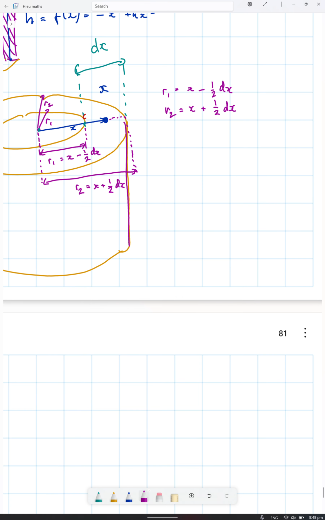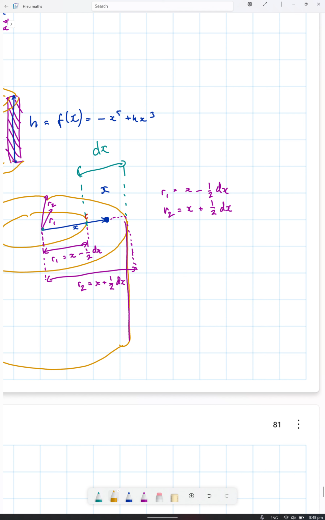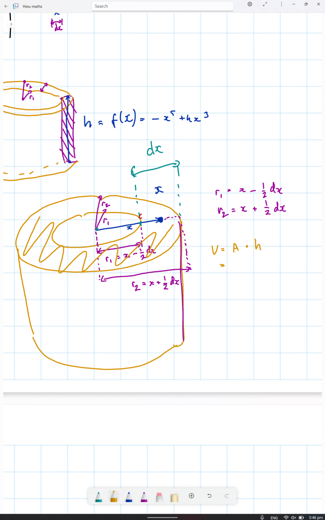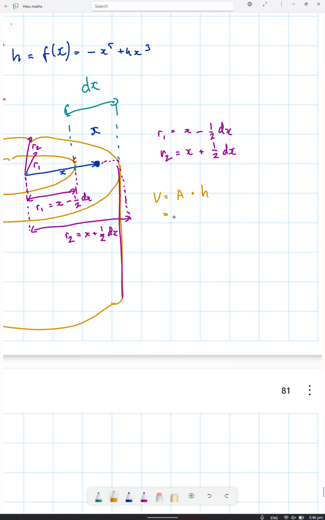So we need the volume of each cylinder. So what's the volume of this cylinder? Of any cylinder, the volume is the area on top multiplied by the height. This area here is equal to pi R2 squared minus pi R1 squared, multiplied by h.